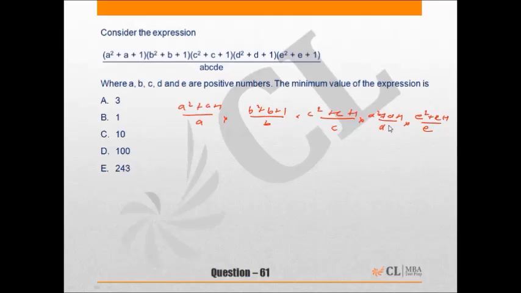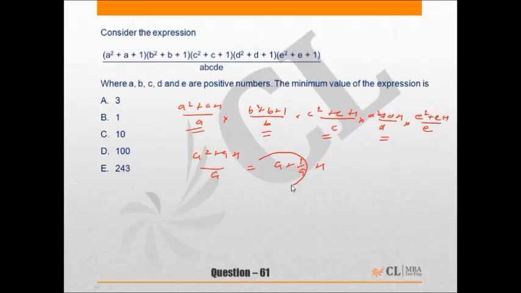Now we have to find the minimum value of each of the 5 terms in the expression and then substitute their values in order to find the minimum value of the expression. A square plus a plus 1 by a can be written as a plus 1 by a plus 1.